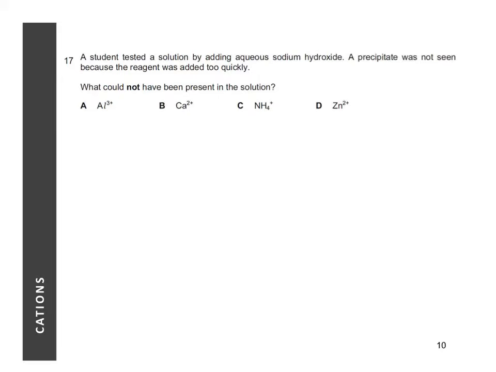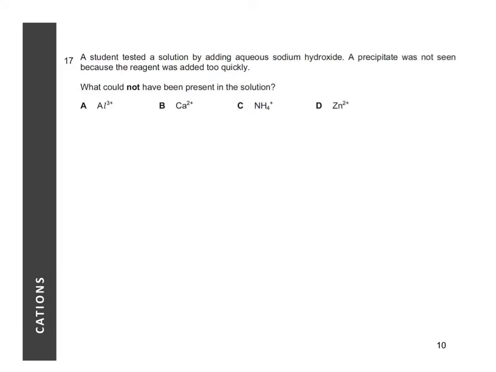Now in this question, the scenario described is that the student forgot to add the sodium hydroxide dropwise. So it was added in excess from the start, and because of that, the precipitate that was supposed to form was not observed. Essentially the scenario is describing which ion will dissolve in excess of the reagent.